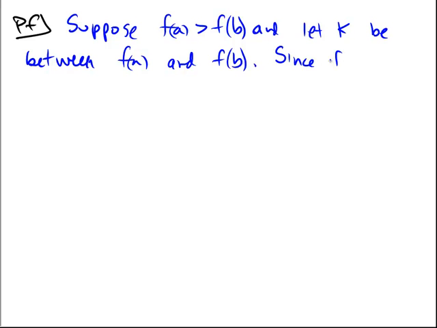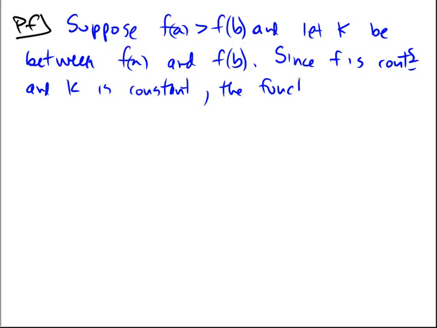Since f is continuous and k is constant, the function g of x, defined to be k minus f of x, is continuous, because the sum or difference of continuous functions is continuous. So this g of x function is continuous because k is constant and f of x was assumed to be continuous.